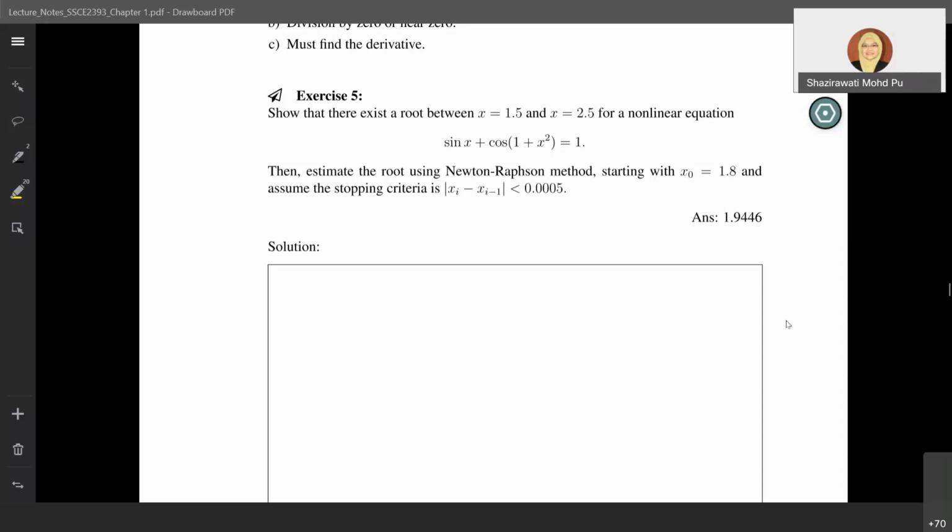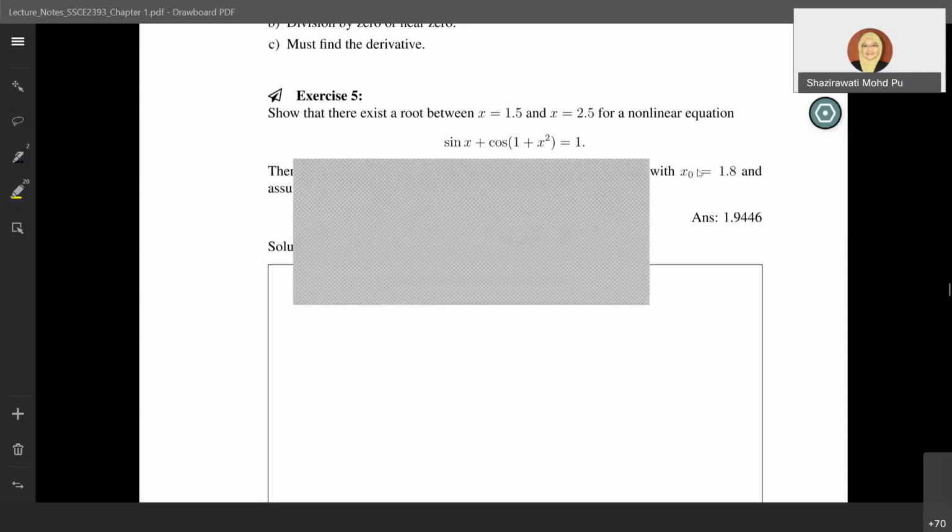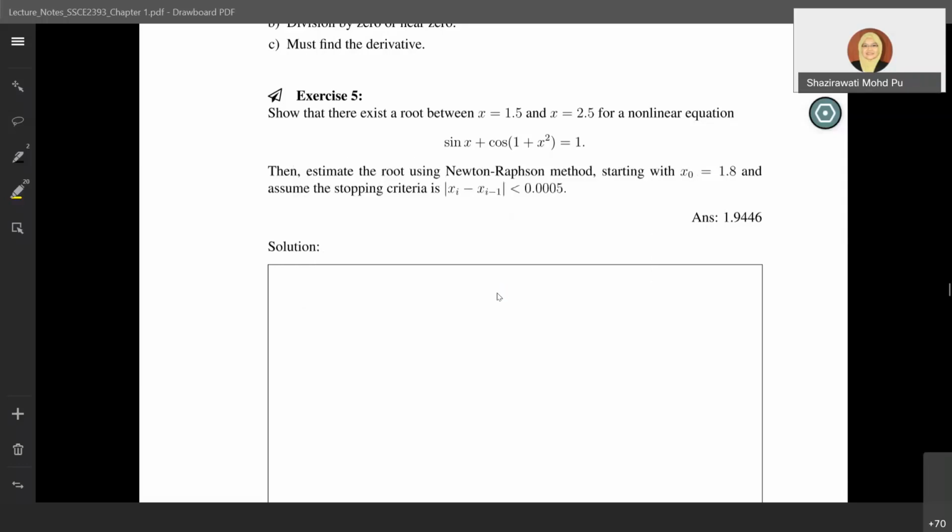For you guys, basically it depends on the problem. The problem will state clearly, use the bisection or use the Newton-Raphson. But in general, you can choose any method that you want. But basically, if the condition is given, I mean the interval, you can always start with the bisection.